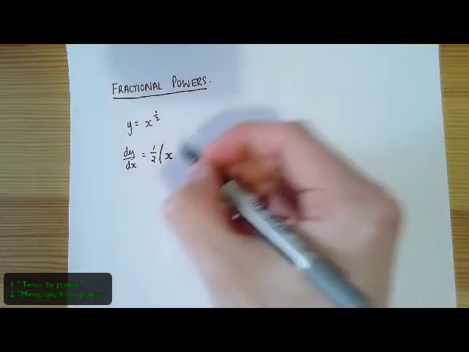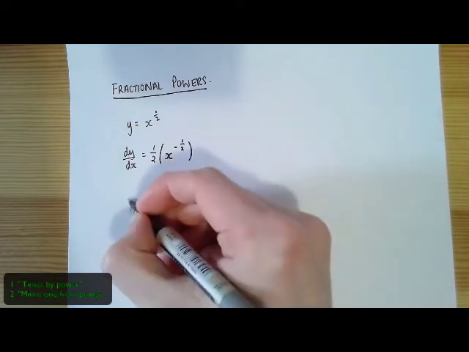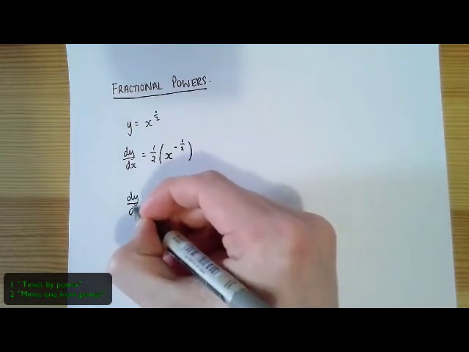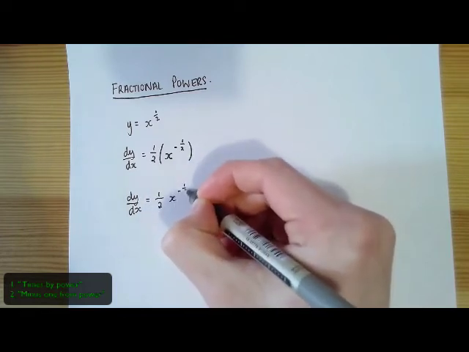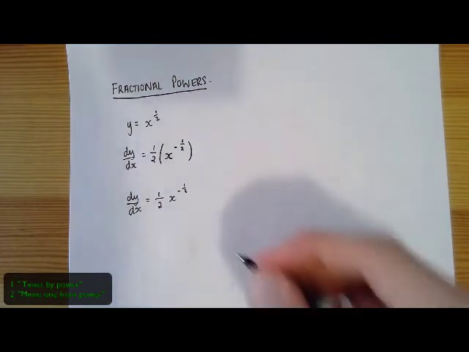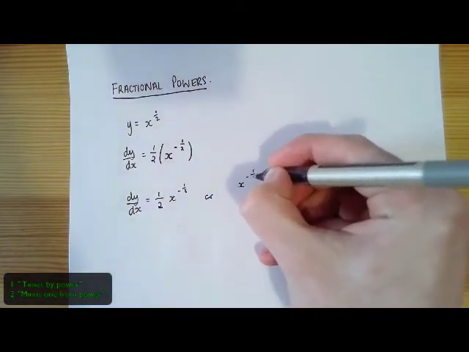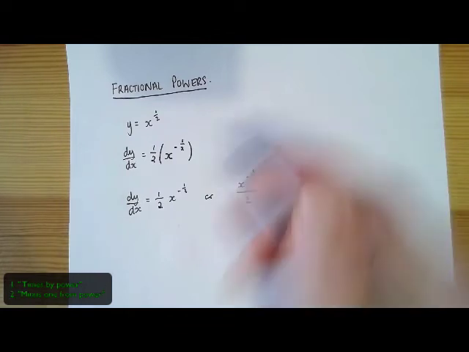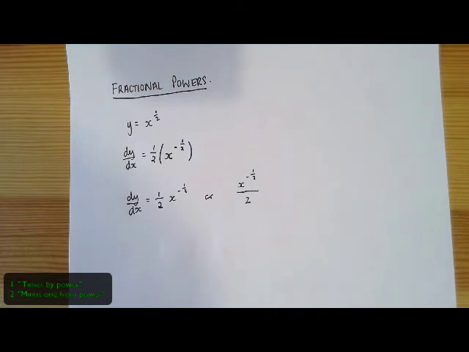So a half minus 1, be very careful, is minus a half. And now we can do some tidying up. We can say that's a half x to the negative a half. We've just got rid of our brackets and distributed the half. Or we can say x to the minus a half over 2. Each of those answers are equivalent.